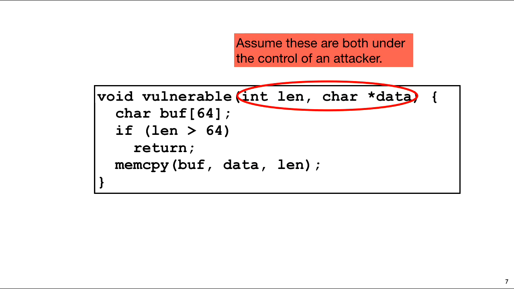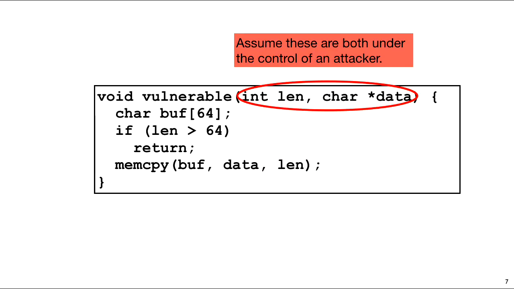Now, it looks like we're okay here, because we allocate 64 bytes. We check to make sure that the length of the thing we're given is not more than 64 bytes. If it's too big, then we say, no, I'm not going to write it in here. But if it's small enough, then we say, okay, I'll write it into the buffer.